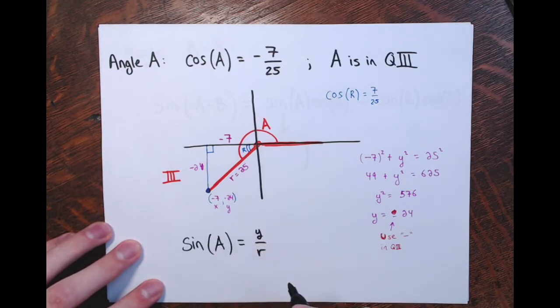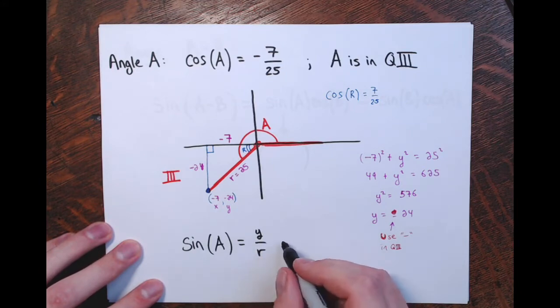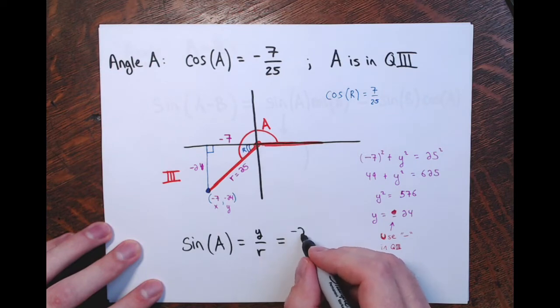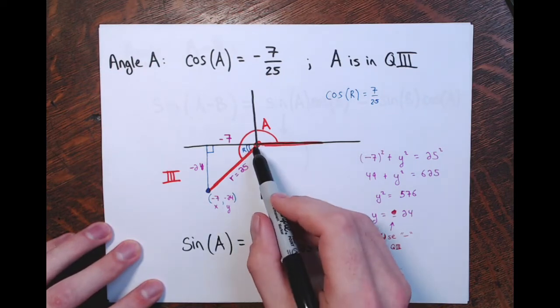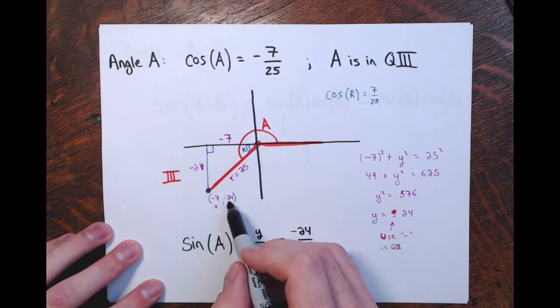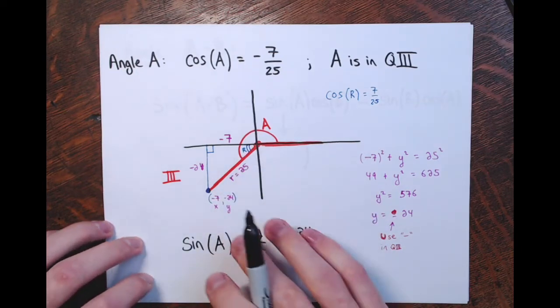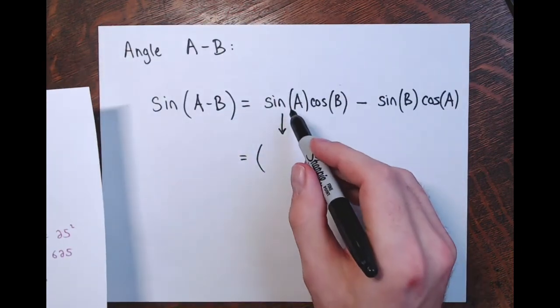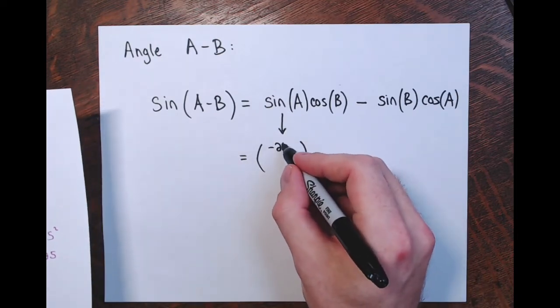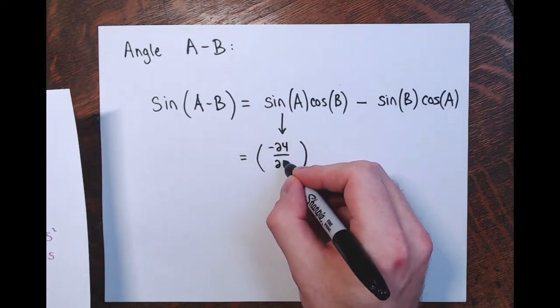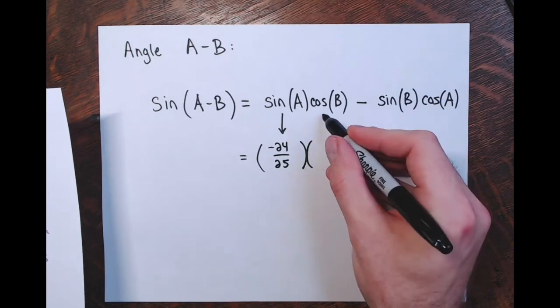The y coordinate of a point on the terminal side divided by the distance to the origin. Hopefully you remember these relationships. So that's negative 24/25. The sine of this angle will be negative 24/25. So that's what I'm going to put here. Negative 24/25 times the cosine of angle B.